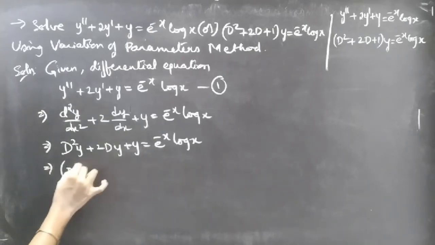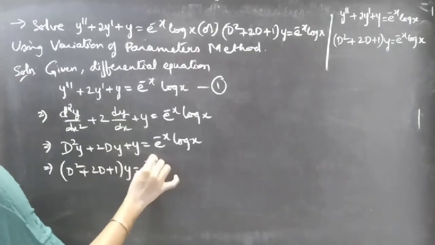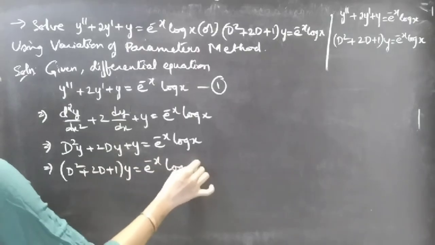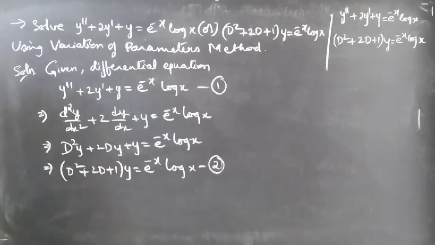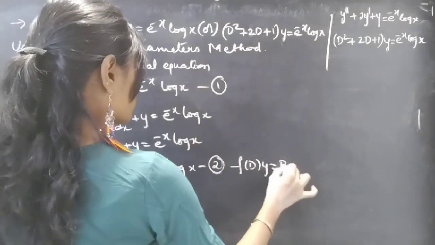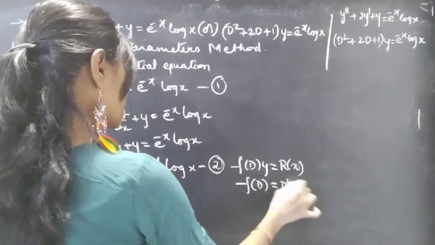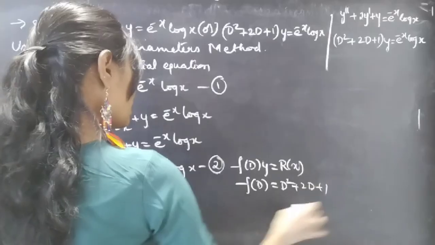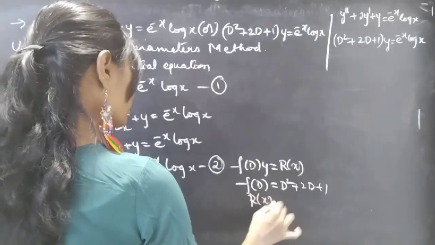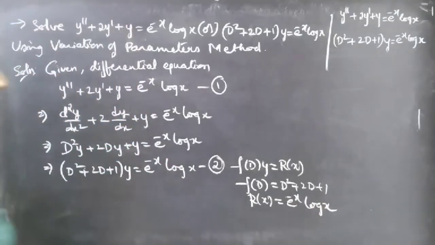We'll get D square plus 2D plus 1 into y equal to e power minus x log x. Consider as equation number 2, which is in operator form. So f of D into y equal to r of x, where f of D equal to D square plus 2D plus 1 and r of x is e power minus x log x.